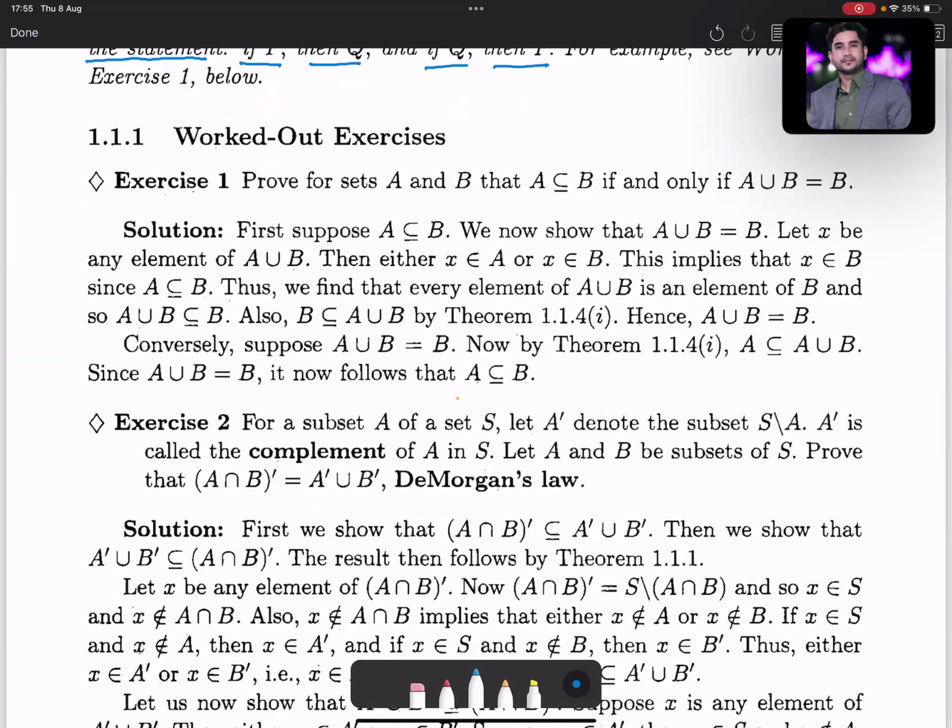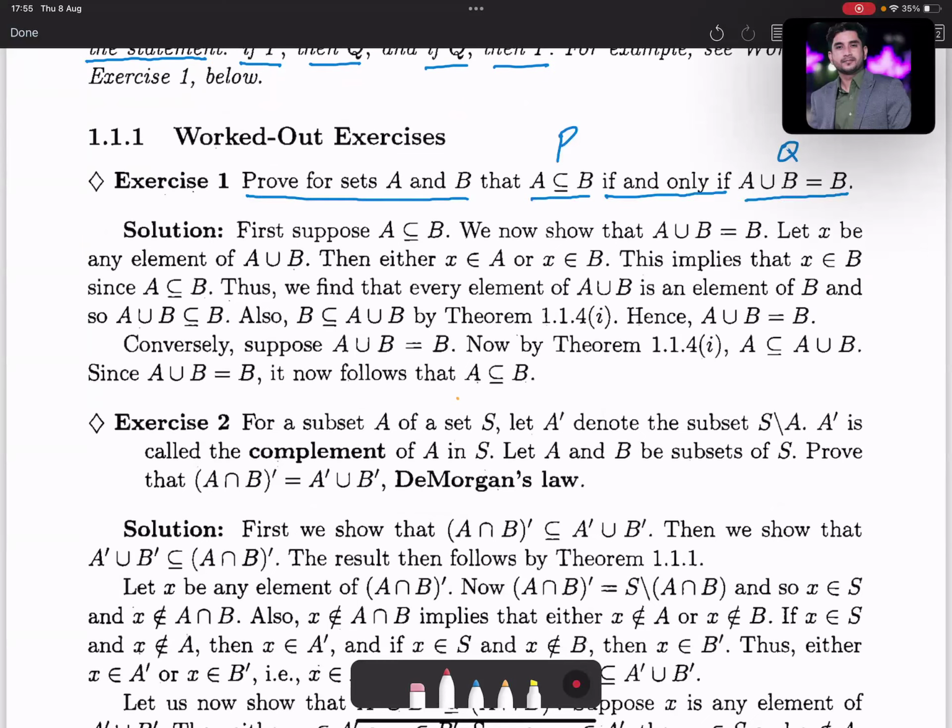Now, prove for sets A and B that A is a subset of B if and only if A union B is B. Now, this is the P statement, this is the Q statement, right?